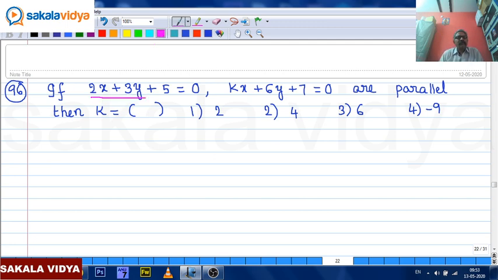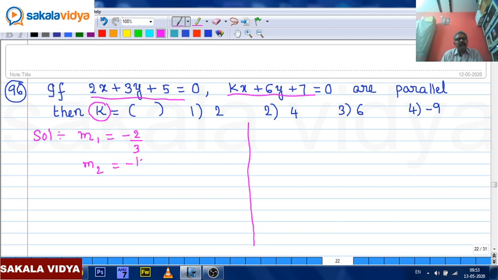These two lines are parallel, then we need to find the k value. Two lines being parallel means the slopes of the two lines must be equal. Solution: find the slope of the first line, m1 is equal to minus 2 by 3, and the slope of the second line, m2, is equal to minus k by 6.